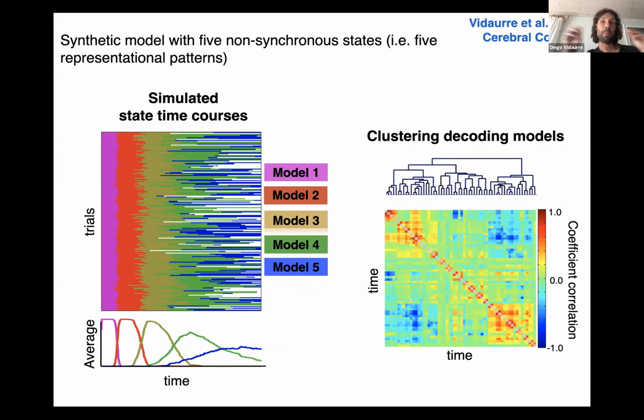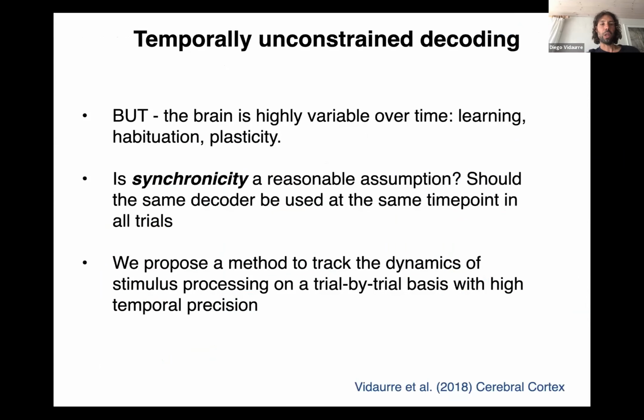If there is temporal variability in when things happen, this method will give you a misleading view of the data. These two slides show the simulations that I did to show that, but I don't have time for that.